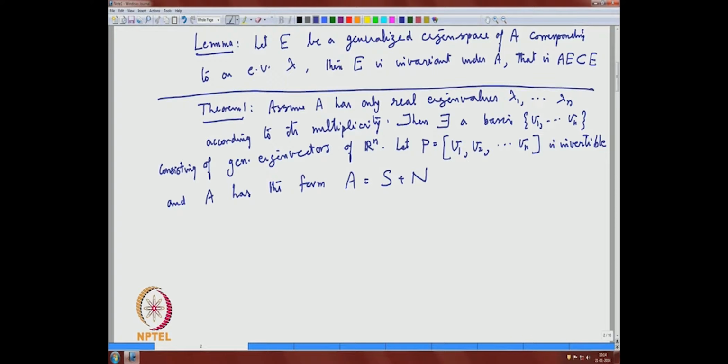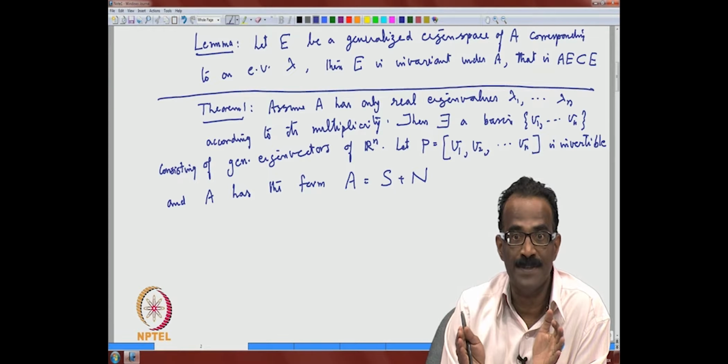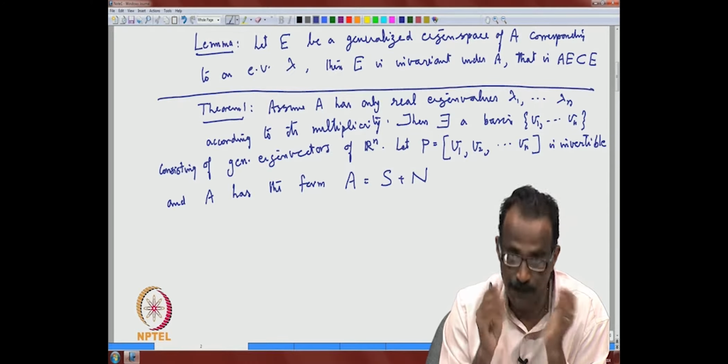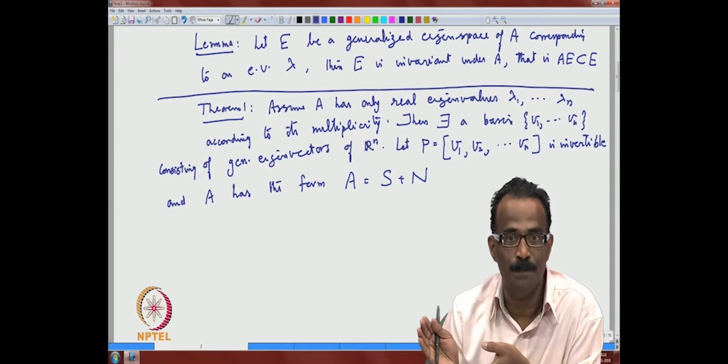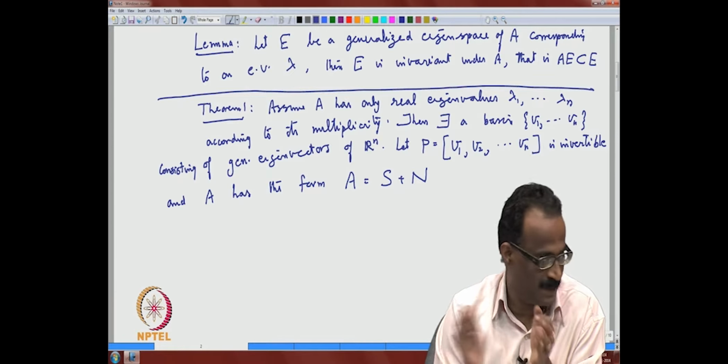So you have the problem of computing e power A, but every matrix can be written as a sum of two matrices: S, which is diagonalizable, so you can compute it, and N, which is nilpotent, and computing e power N is easy.